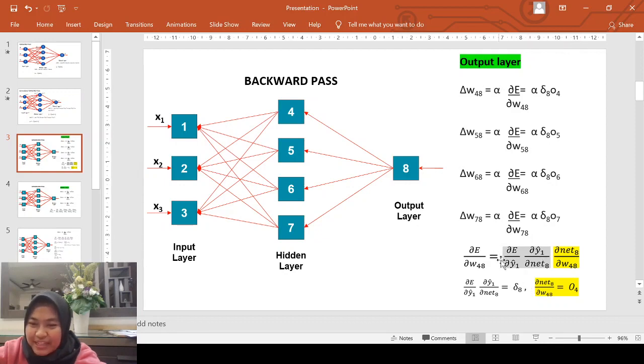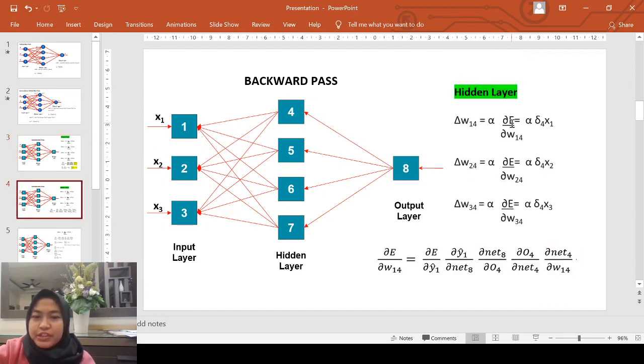We simplify this into delta 8, and we simplify this into output 4. That is how we get alpha delta 8 O4. We repeat this with all the other nodes or neurons 4, 5, 6, 7.